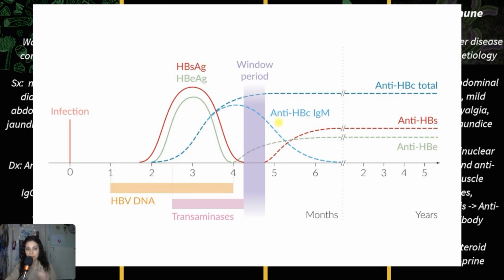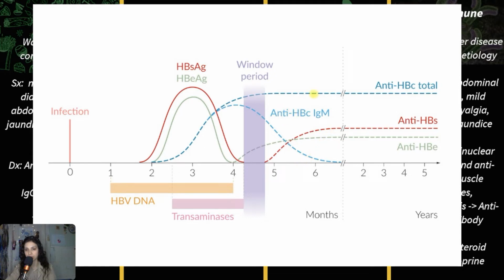So, if you diagnose acute hepatitis, you have to find the HBs antigen and anti-HBc immunoglobulin M. And of course, if you see HBs antigen, it definitely tells you it's acute hepatitis, but there is this window period.